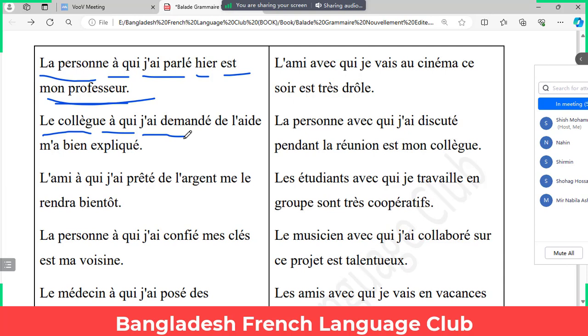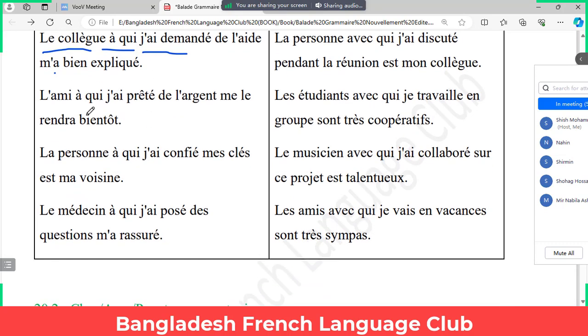Aide means help. M'a bien expliqué means explained to me very well. So to whom. So this is how the relative pronoun à qui is used in a sentence.